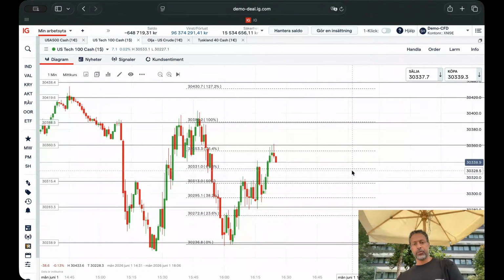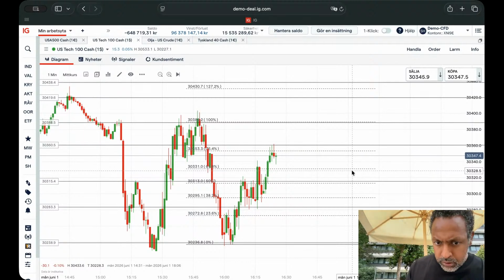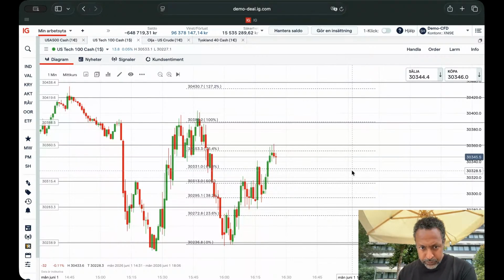A bit scared here for a drop. Have a good short maybe here. Let's see if it drops. Wait and see.